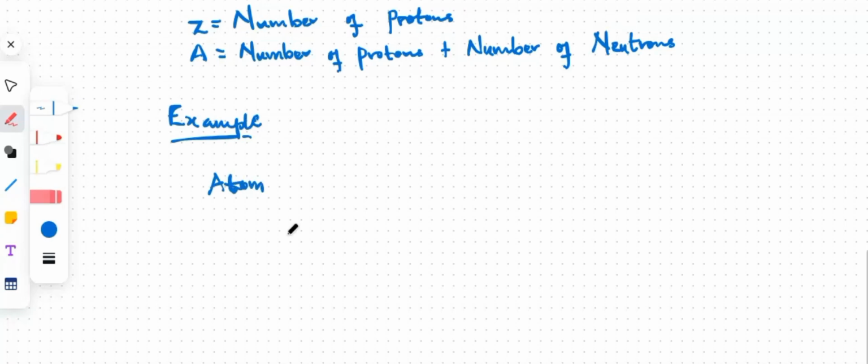We have mass number, we have number of protons, and we have number of neutrons.